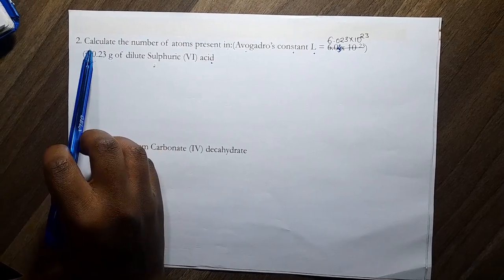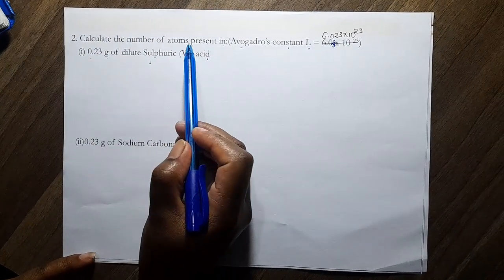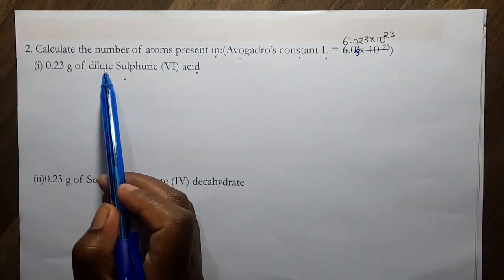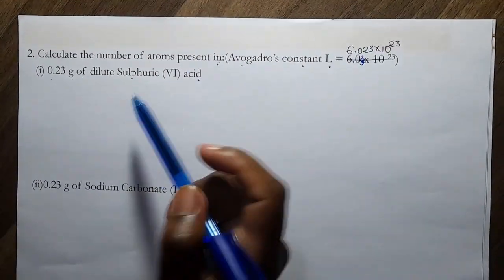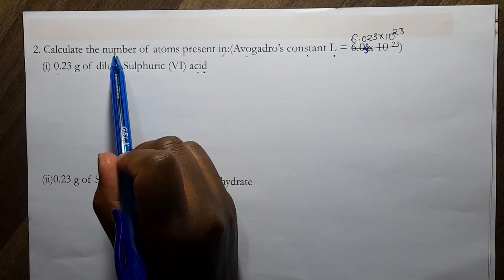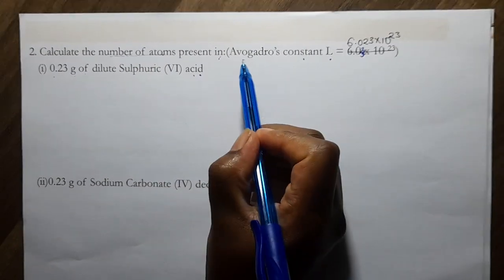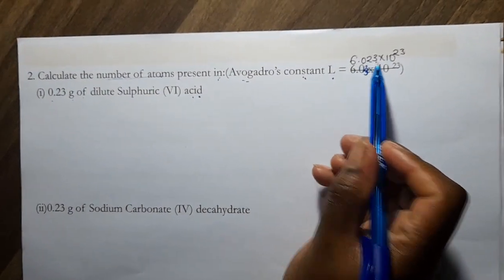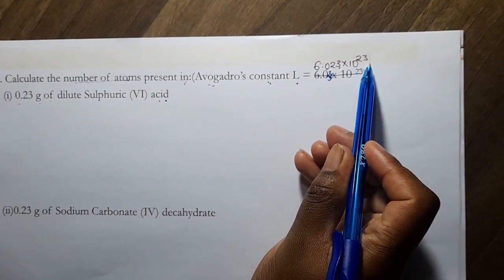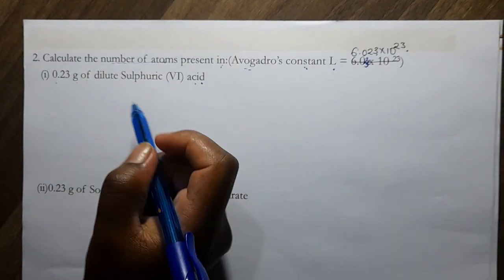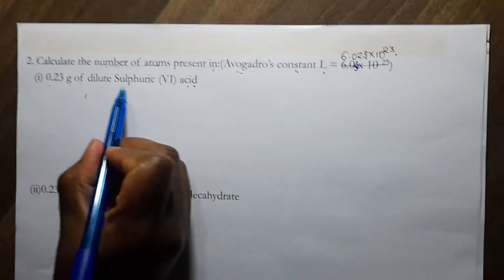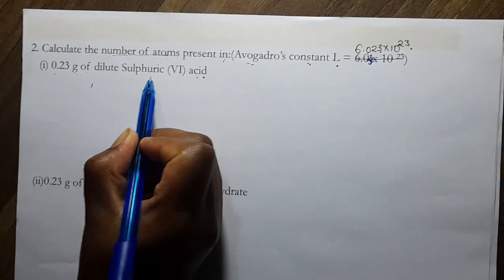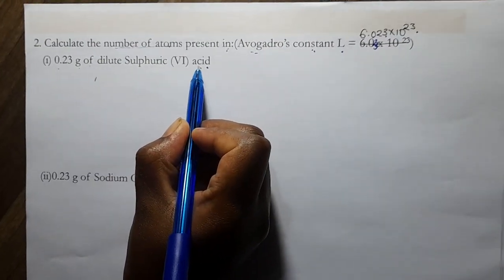So question number 2, we are calculating the number of atoms present in 0.23 grams of dilute sulfuric acid. So the number of atoms. We are given the Avogadro's constant as 6.023 times 10 raised to the power 23. So what we need to get first here is the relative formula mass of dilute sulfuric acid.